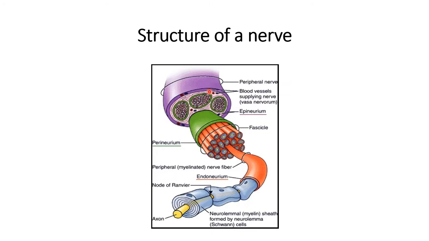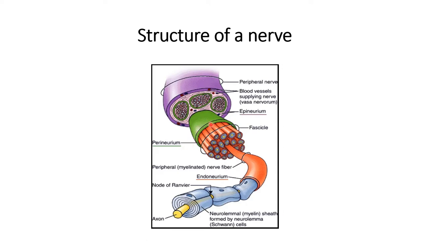This is the basic structure of a nerve. This whole is a nerve comprising of bundles or fascicles of axons. Then if we go through a single fascicle, there are multiple nerve fibers in it.